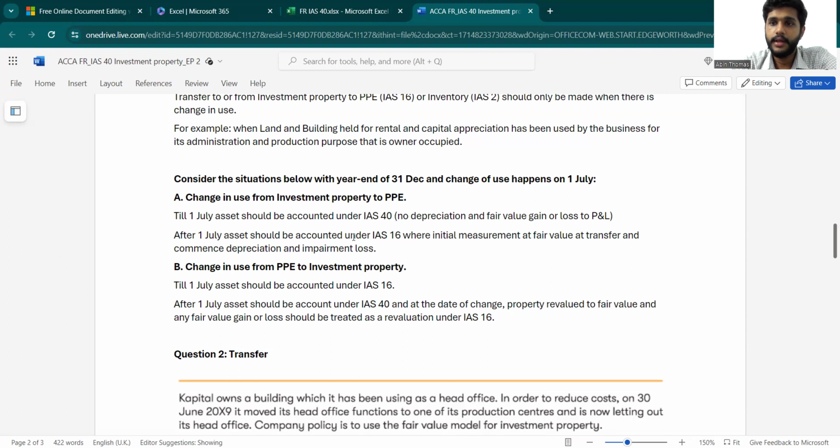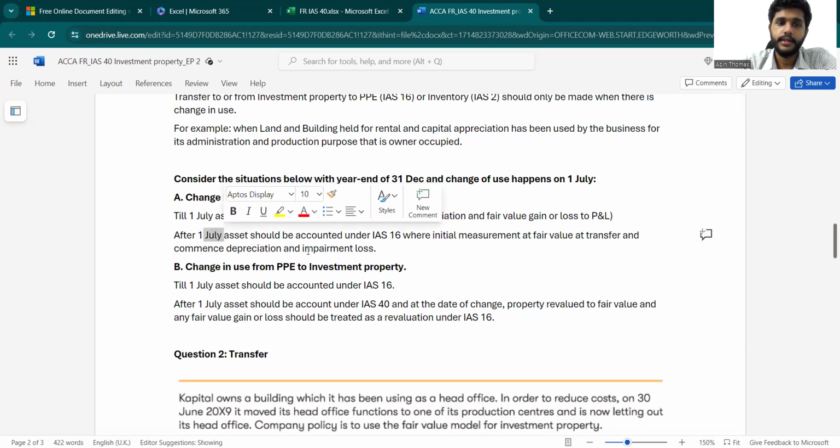Subsequently, as we saw in IAS 16, they can depreciate and also check for impairment loss. The depreciation should be on a pro rata basis. Until 1st July they haven't expensed any depreciation, and after July they have to consider the depreciation. Okay.